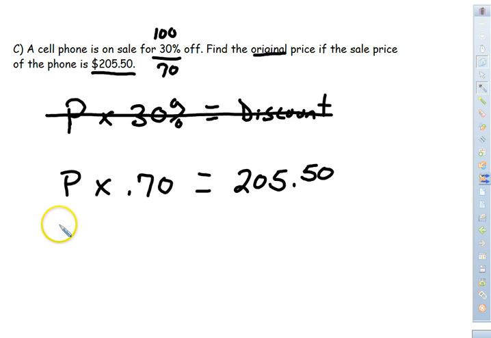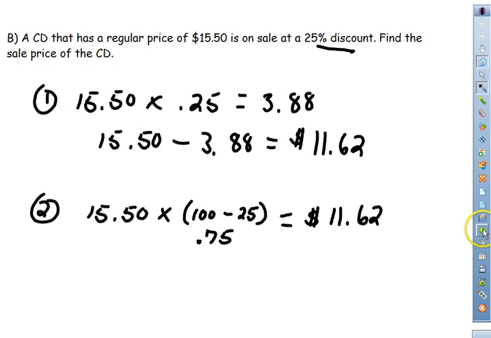That's exactly what you did in that last problem, method 2. Taking $15.50, that's the original price, times the percent of what you're actually going to pay, 75% of that number to get the actual price.